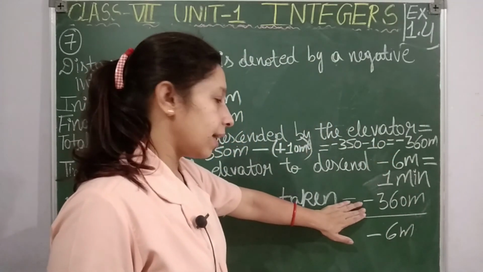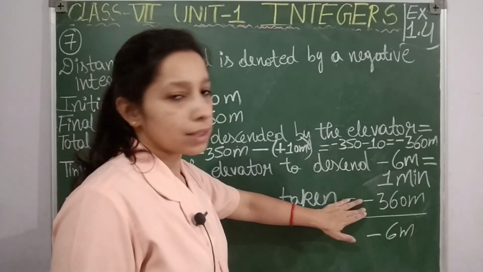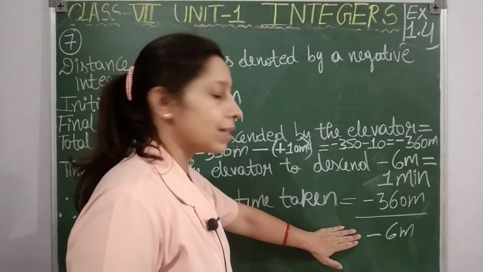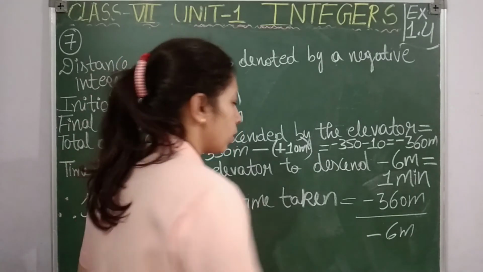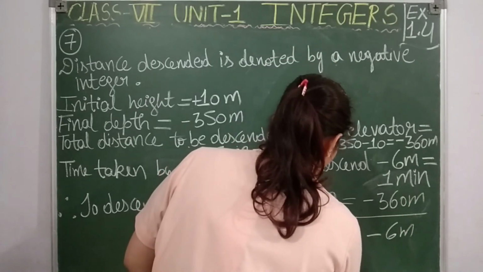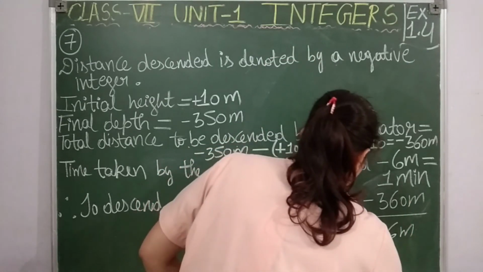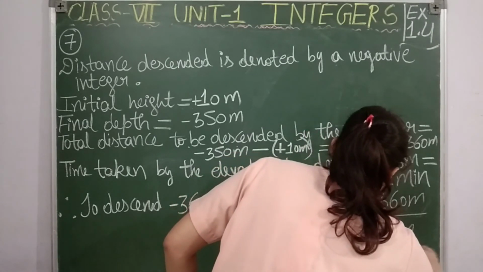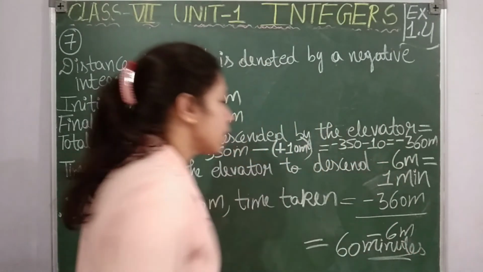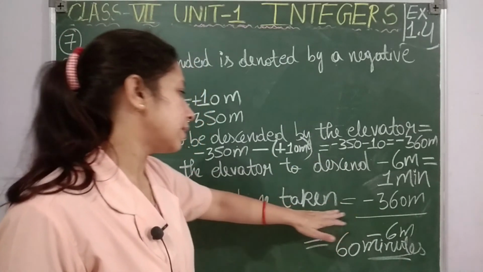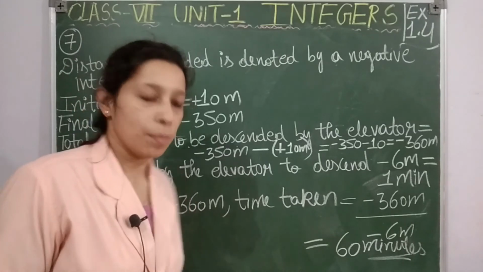Total descent, the elevator has to cover minus 360 meter, and in 1 minute it is descending by minus 6 meters. So let us solve this. How much are you going to get? 6 ones are 6, 6 6s are 36, minus minus cancelled, we will get 60 minutes. So students, in 1 minute your elevator is descending 6 meters. In 60 minutes or 1 hour it will descend up to minus 360 meters.